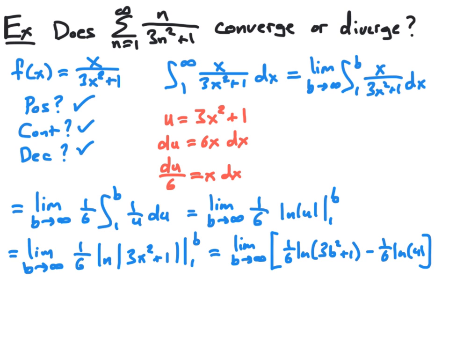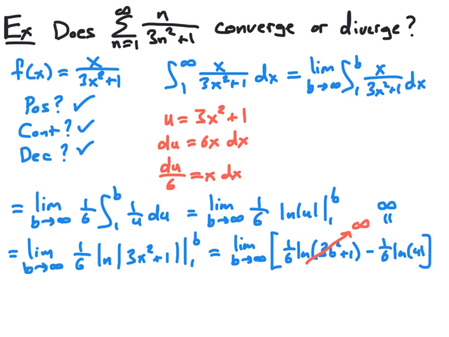If we look at our first term in our difference, as b goes to infinity, 3b squared plus 1 will go to infinity, and therefore the natural log of 3b squared plus 1 will go off to infinity. And since our second term in the difference is just a number, this entire limit will go to infinity, and so our improper integral diverges.